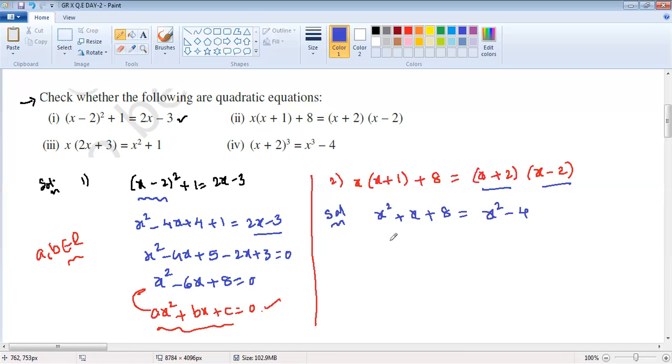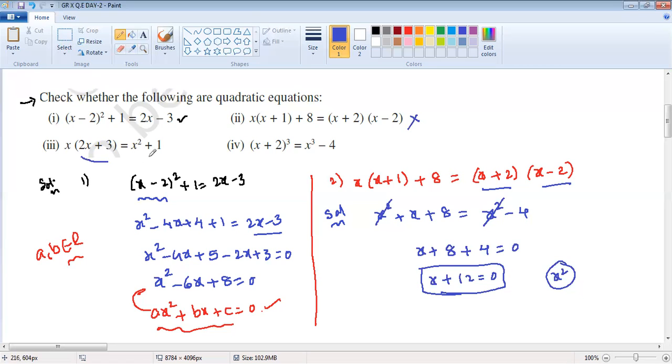See, on both sides the x square coefficient is positive, so both will be cancelled. Now x plus 8; further, if you simplify, carry this minus 4 also, we get x plus 12 is equal to 0. Here, it is not in the form of ax square plus bx plus c because the x square term is absent. So this is not a quadratic equation.